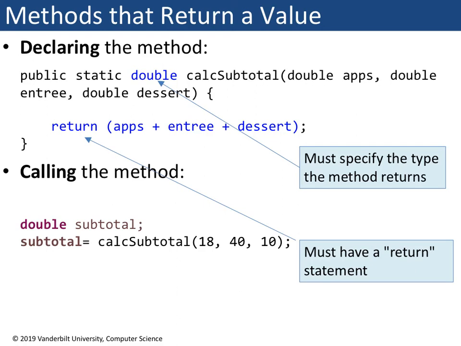This is functionally the same as having written here 18 plus 40 plus 10. If we did that math, we would have to store the result somewhere into a variable. So just as we would have to store the result of doing addition in Java, we have to store the results of calling a method which returns a value. And so we are going to store this returned value into the variable subtotal.